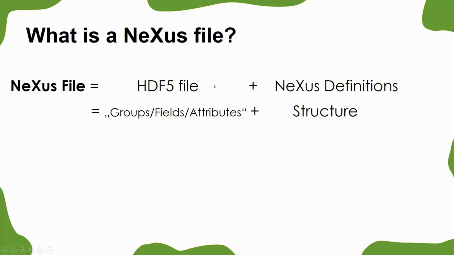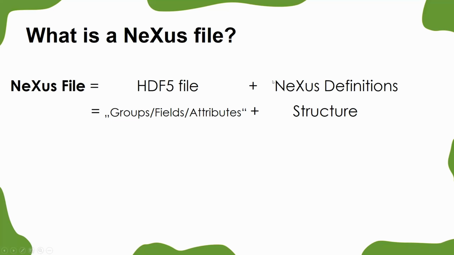This is a container file format. And then, in addition, you need to have the NeXus definitions. The NeXus definitions give a specific structure which you have to use for this HDF5 file. And the content of the HDF5 file can roughly be separated into groups, fields, and attributes. This is all you need to make a NeXus file. You need your HDF5 file, groups, fields, and attributes, and then you have to provide this with a structure.